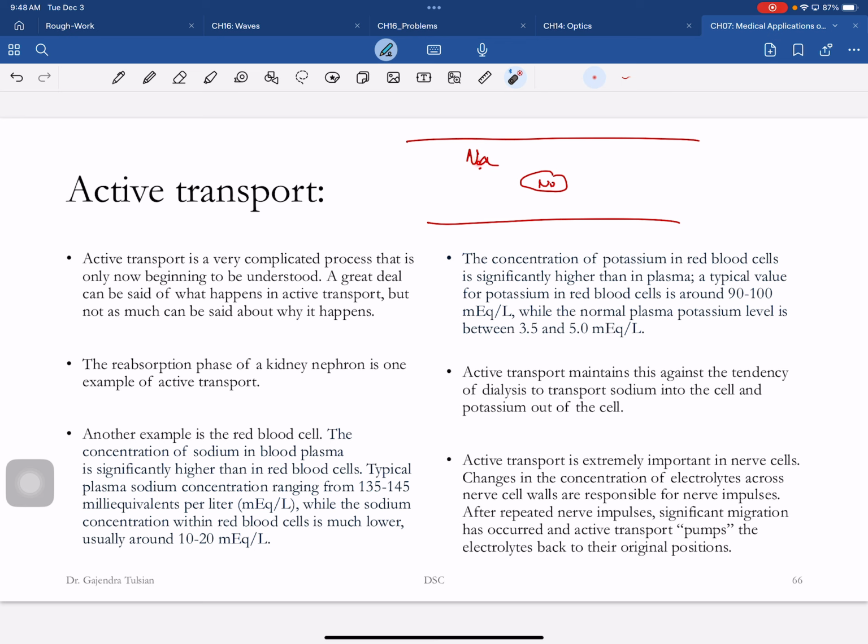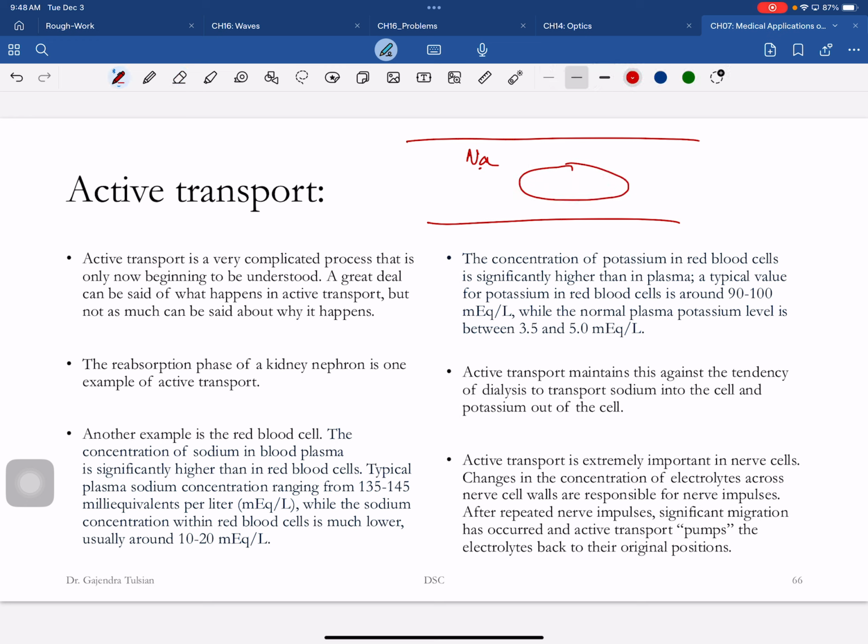So sodium wants to go into the red blood cells. And you have to actively transport, so you have to keep bringing the sodium out from the red blood cells. And you're spending energy to do that. The concentration of potassium in red blood cells, so let me make my cell.